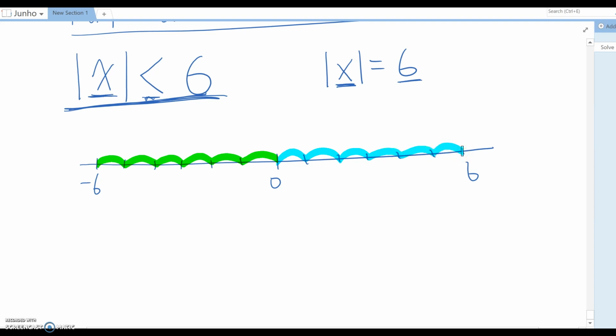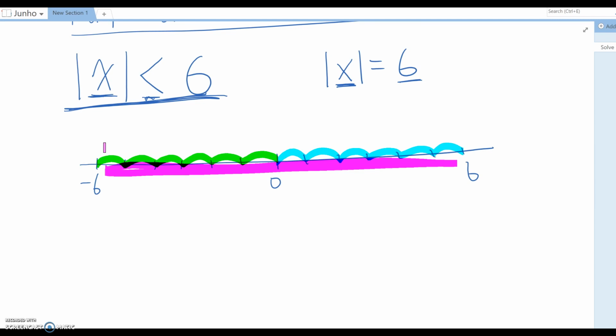But now, other values. What other values would be less than 6 units? Any value between here, right? Think about that. We don't care if the number is bigger than 6 or negative 6. We only care that the unit value from the 0 is fewer than 6 units.